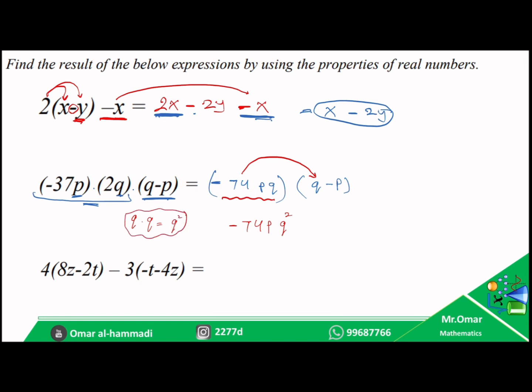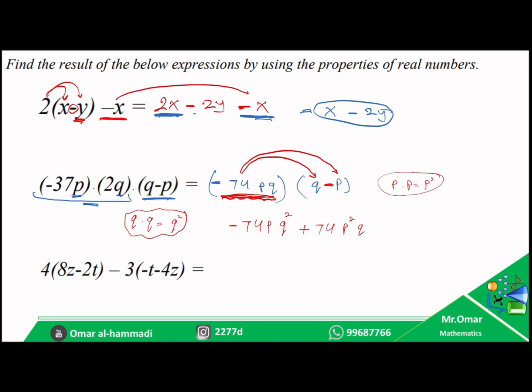And again, minus 74pq multiplied by minus p. Minus by minus will give us positive. Positive 74p square q. Why do we write here p square? Because we have p multiplied by p. It will give us p square. Okay, be careful for this one.